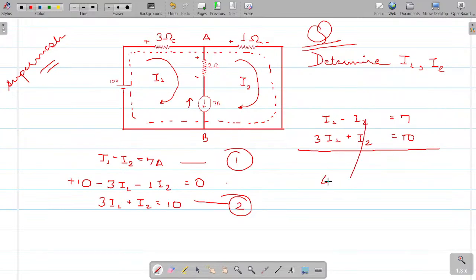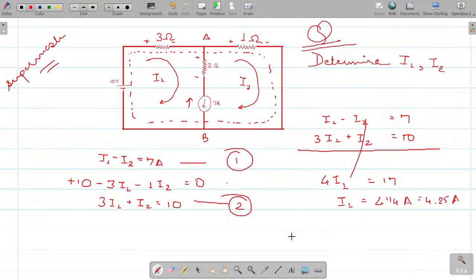This is 4I1. 4I1 is equal to 17, or I1 is equal to 1 by 4 amperes. Can I write it as 4.25 amperes? Right?